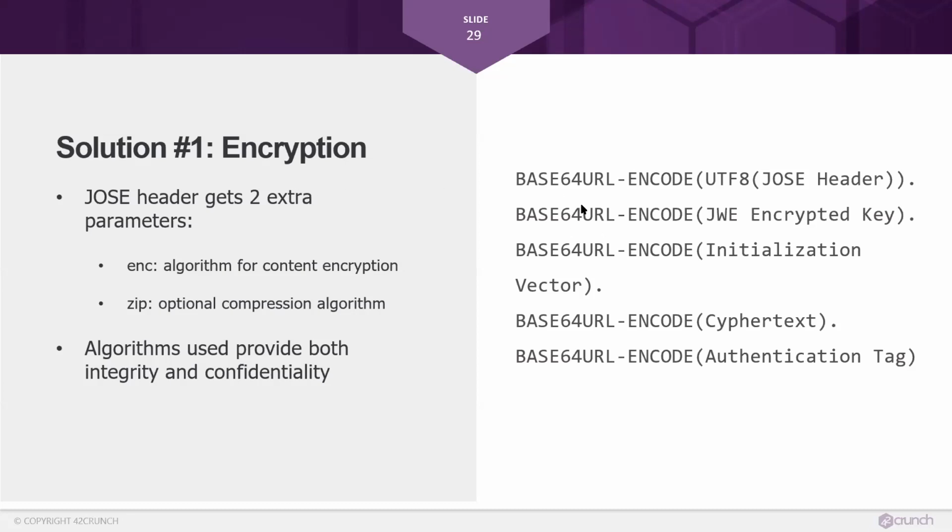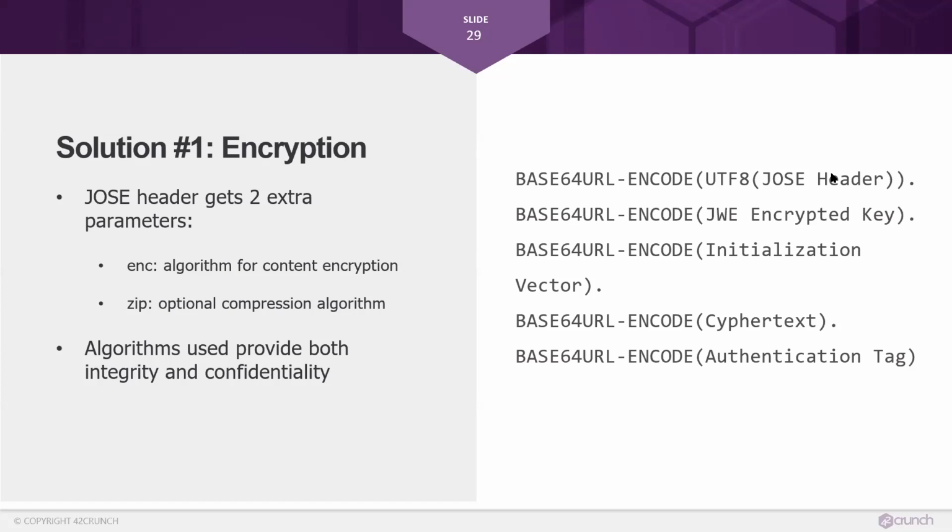And just to say a few words about the structure of an encoded JWT token. If you remember well, in the signed JWT token, you've got just 3 parts: the JWT header, then what you sign, and then the signature. If you encrypt it, you will find 5 different parts.